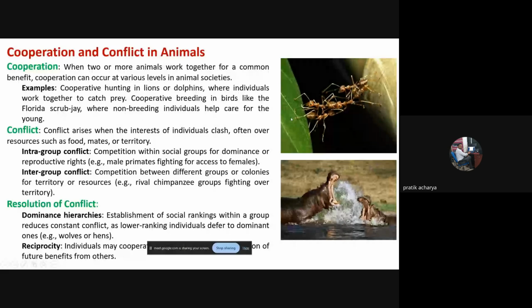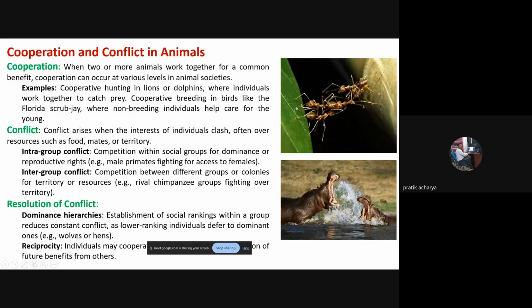If food is at this side and the organisms are at this side, then it is difficult for a single organism to get that food. But in a group, they make a line. They make a bridge by which they can get the food on this side. Okay, that is a very important aspect.